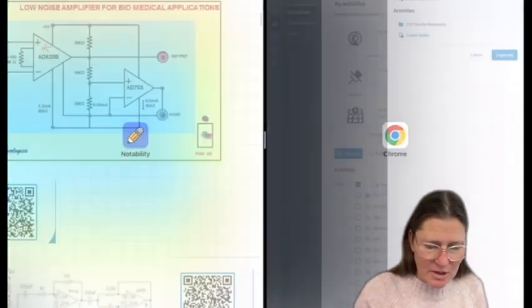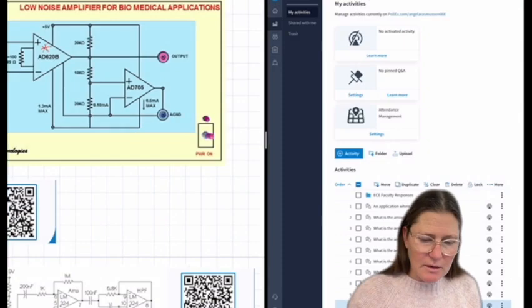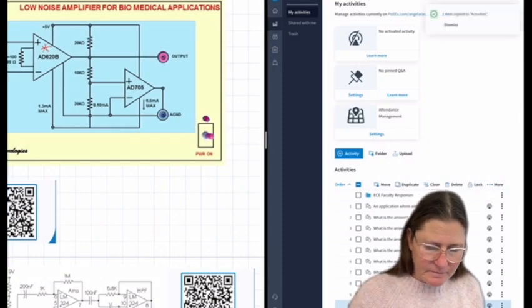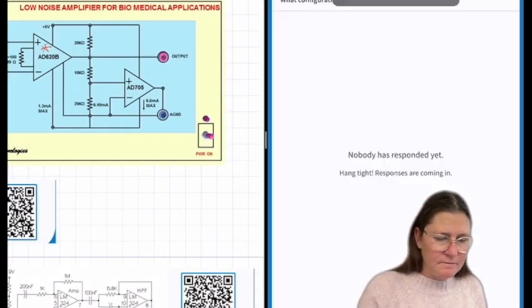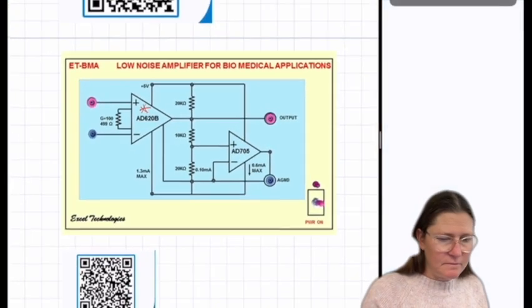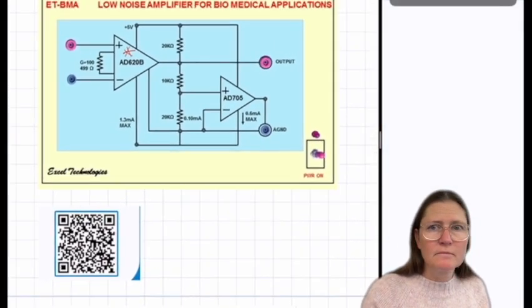Sorry, it's not letting me duplicate. Here we go.